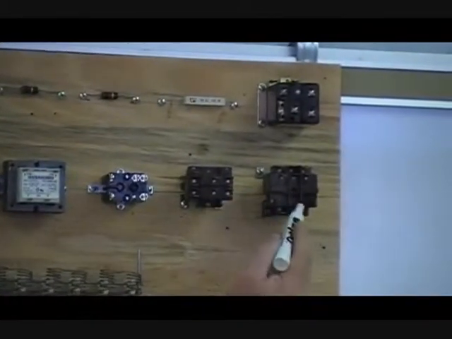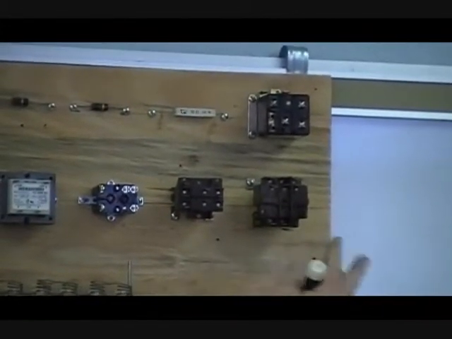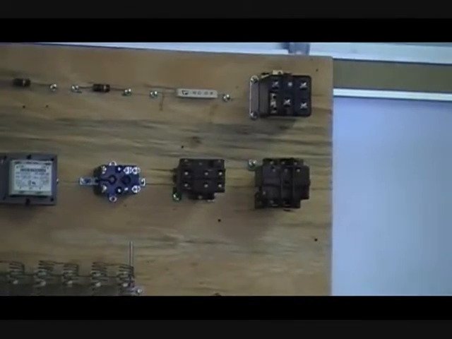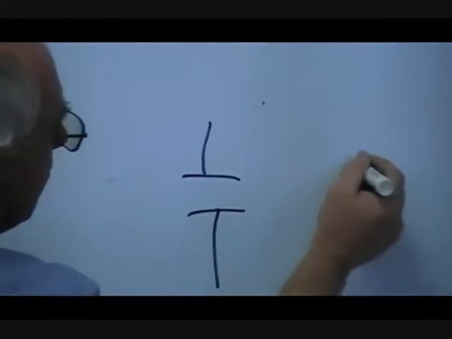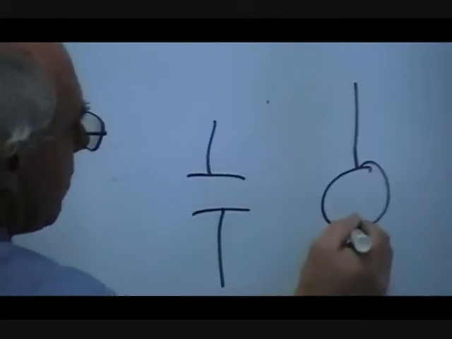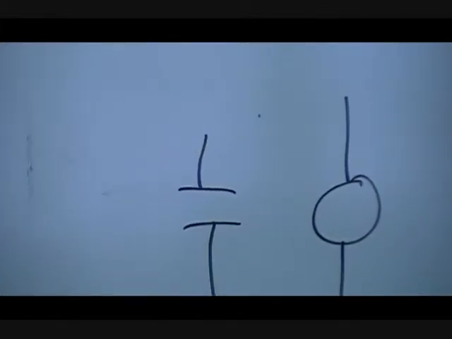Okay, what about a contactor? I have a contactor on that board. I also have some relays. These are relays. Actually, I don't have a contactor, but the relay and the contactor are going to look the same on the schematic. For example, if I have a single pole contactor, I'm going to have the coil and I'm going to have the contactor.